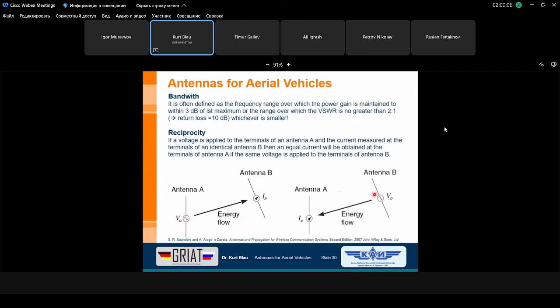And if this is the case, then we can say both antennas are reciprocal to each other.